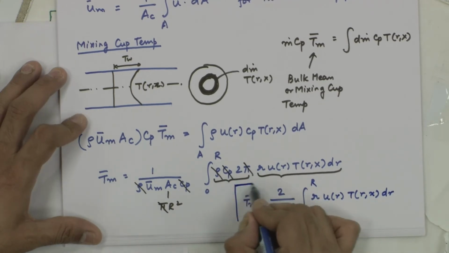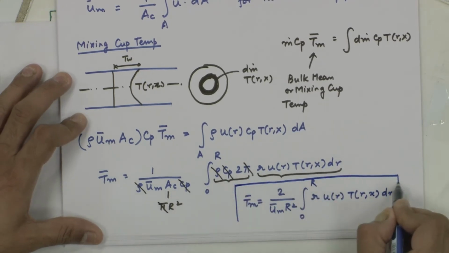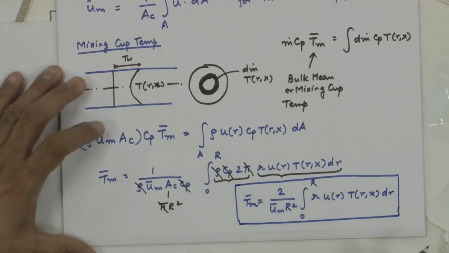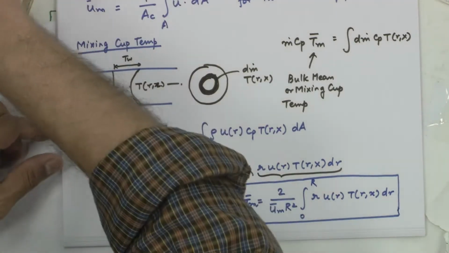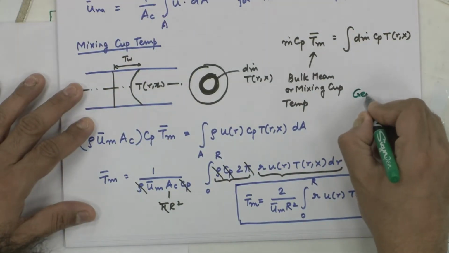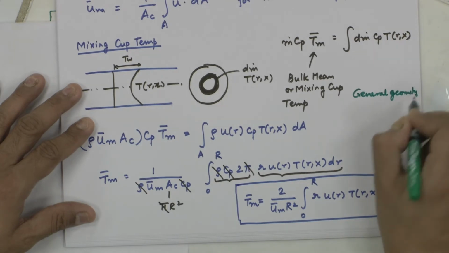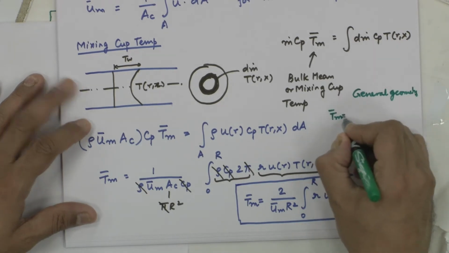This is my mixing cup temperature expression for flow through a circular pipe. For a general geometry, for a general case, T bulk mean is nothing but this one.